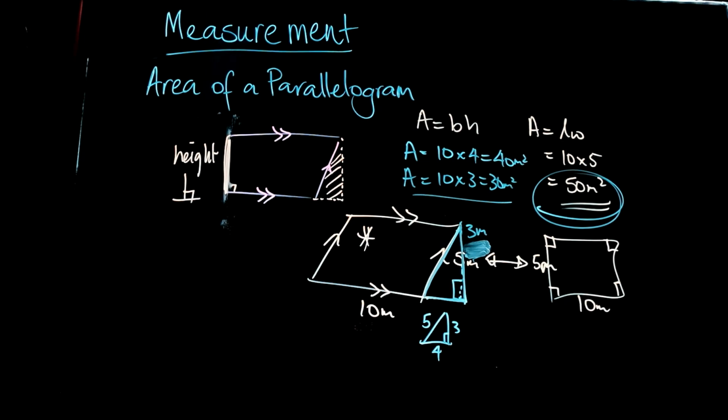In both cases, the area of the parallelogram is less than the area of the rectangle with the same sort of dimensions labeled there. So we've got to be really careful, and we have to understand this idea of perpendicular height. Okay, thank you.